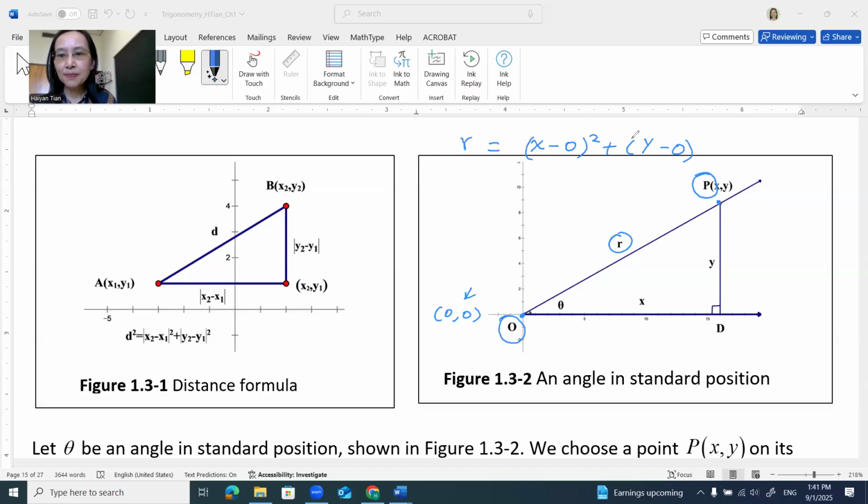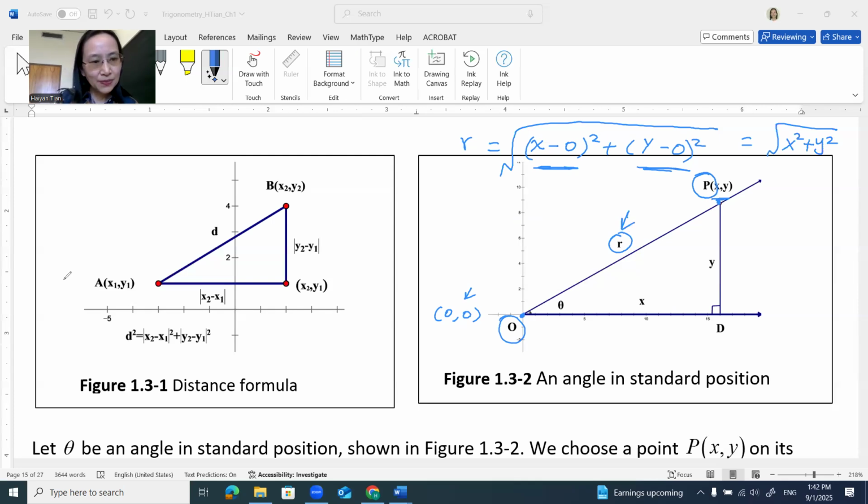So we get the square root, because one point is the origin and the other point is P with xy coordinates. We have the square root of x squared plus y squared, because x minus 0 is still x and y minus 0 is y. The formula is simple because one of the points is the origin. So immediately we have the r value, which is the hypotenuse.